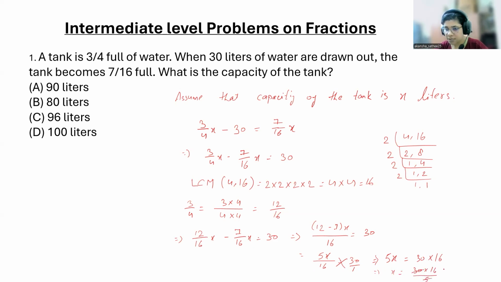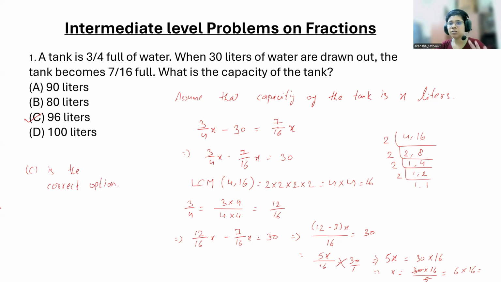So 5 into 30, if you cancel, you will get 6. So 6 into 16, and if you compute it, you will get 96. So 6 into 16 is 96. So C is the correct option.